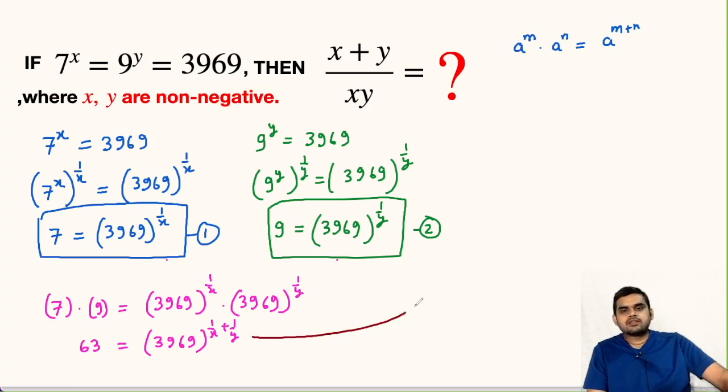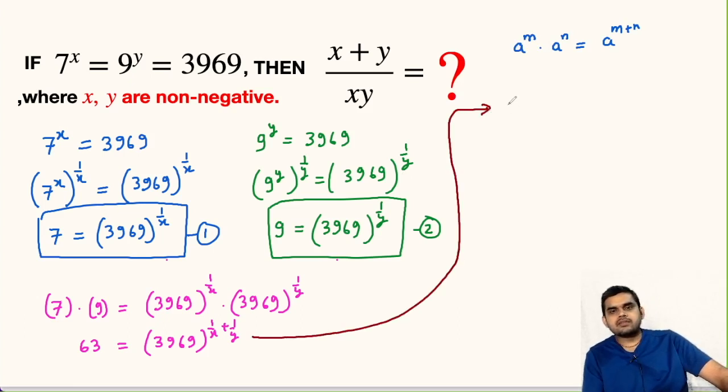Now let us further solve it here. So this will be 63 is equal to, now inside in place of 3969 we see that this is the square of 63. 63 square is 3969, and here we can take LCM as xy, and it will be (y plus x) upon xy.